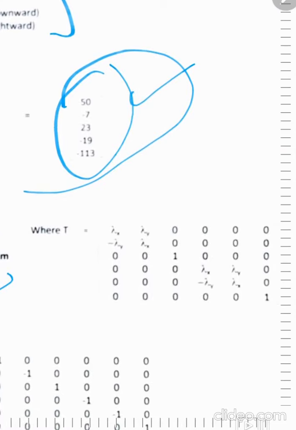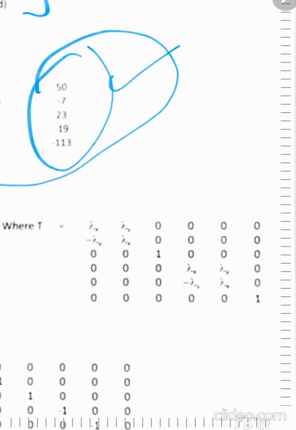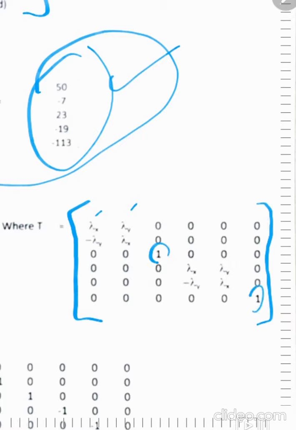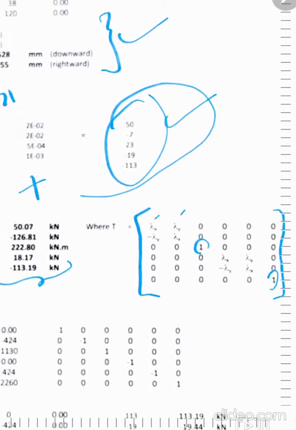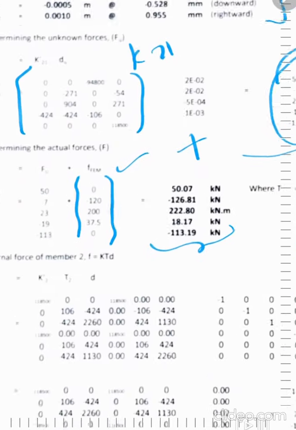Before that, actually, find the transformation matrix. This transformation matrix is a constant matrix. You can take it for all members, depending on your frame structure and how many members it has. It also depends on lambda x and lambda y, and this is one here, and the other elements are 0.